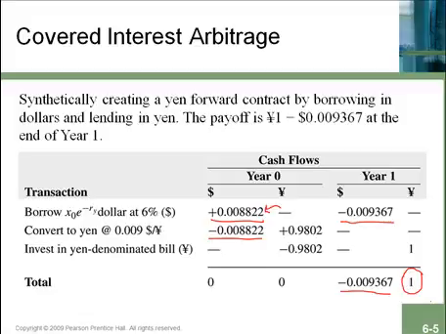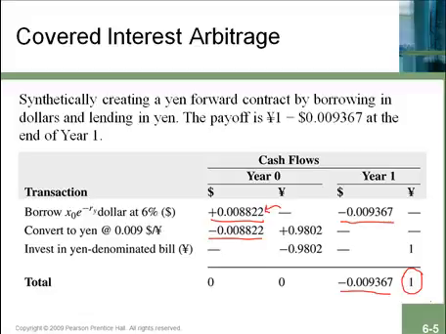Now, if the actual forward contract price were higher than this amount, let's say that the actual forward contract price were 1 cent, for example, that would be $0.01. Well, then I would sell the actual forward contract. I would take a short position on that, and then I would buy this synthetic forward contract that you see illustrated here. And that would, for all practical purposes, be a cash and carry arbitrage strategy.